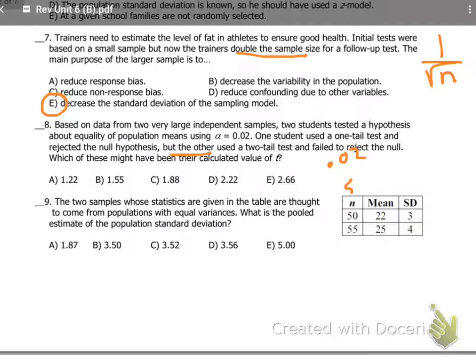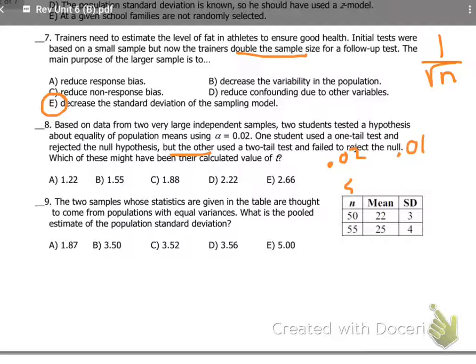And then it says, that's for a one-tailed test, and then it says a two-tailed test. Well, if the total area is 0.02 and it's a two-tailed test, then that means one half is going to be 0.01 and the other half is going to be 0.01. So I'm going to look at 0.01. Now you go look on the t distribution and you go all the way down at the end where n is equal to infinity. Basically, you look at the t distribution, all right?